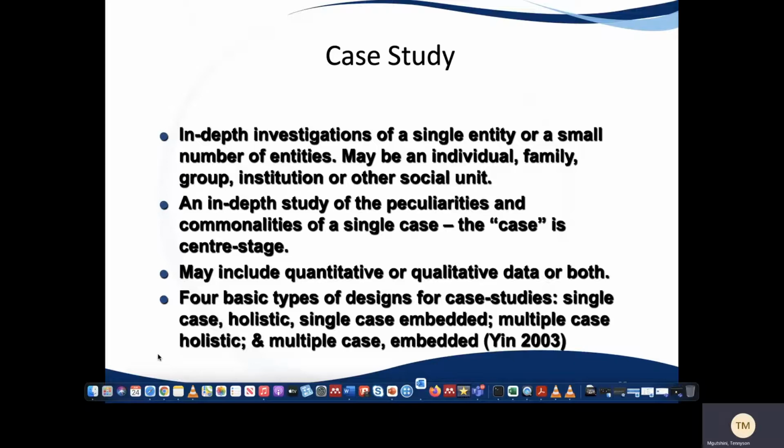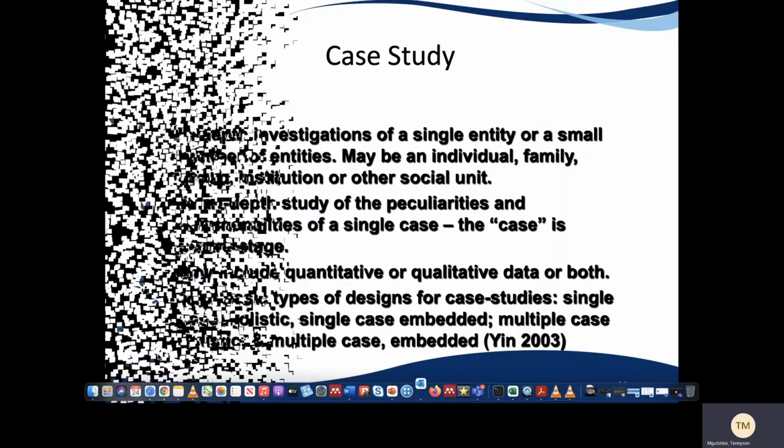The single case is when you are studying certain subjects, you've decided to treat them as cases, and you study a single case at a time. Then that is called a single case. Then they talk about holistic cases, single case embedded, multiple case holistics, and multiple case and embedded case studies.